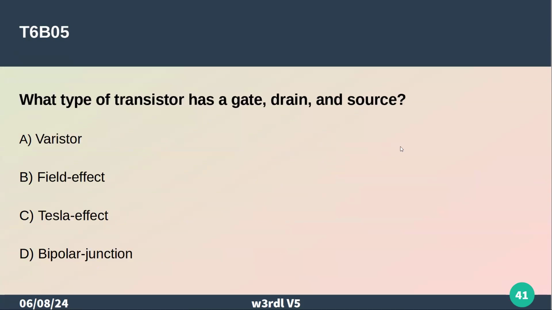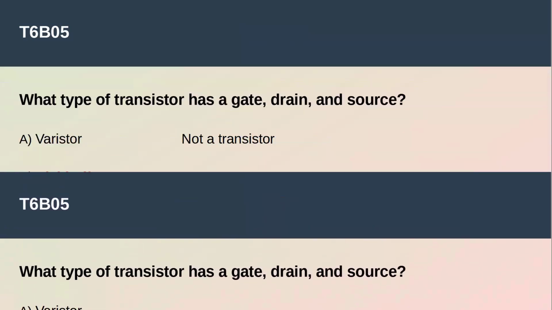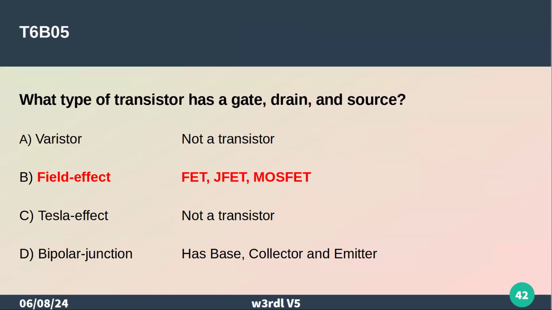What type of transistor has a gate, drain, and source? That'd be D, bipolar junction. Gate, drain, and source. Field. Gate, drain, and source, not base, emitter, collector. Well, this would be B. Field effect. There you go. B.